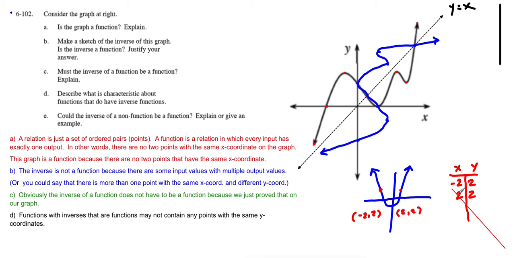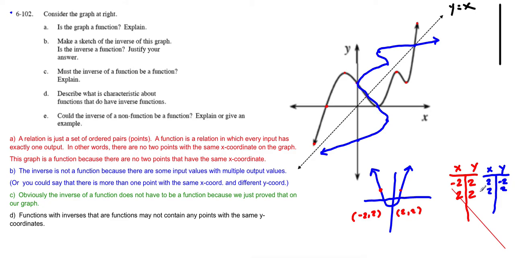So two different x's can have the same y's, but when we look at the inverse, when we flip our points, these two y values that were the same become x's. So when those become x values, now we have a problem. This is not going to be a function because we have two outputs for the same input. So you can't have the same x coordinate in two different points.